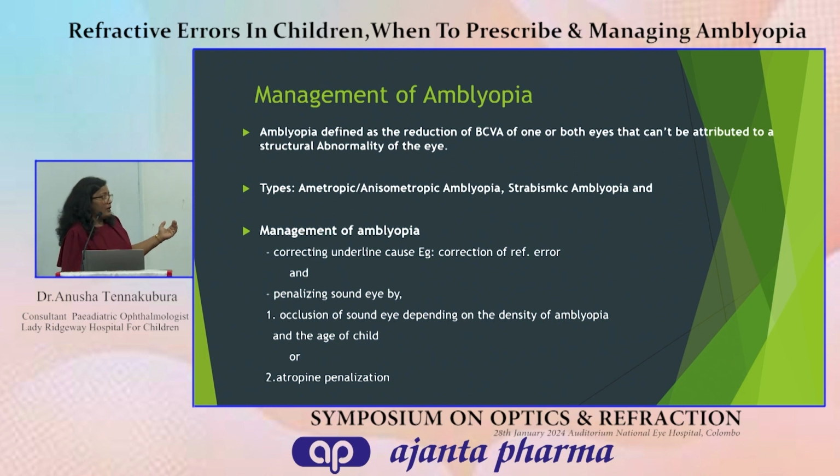When it comes to strabismic amblyopia, it is a bit different, right? You may have heard that even though the amblyopia is due to the strabismus, sometimes we may do amblyopia management before correction of strabismus. Is that the usual teaching?